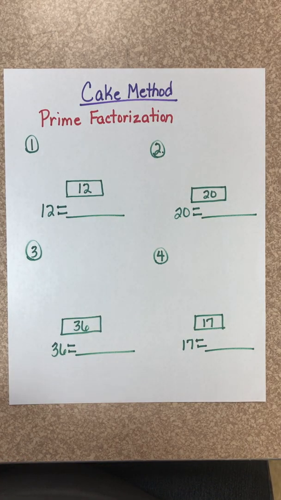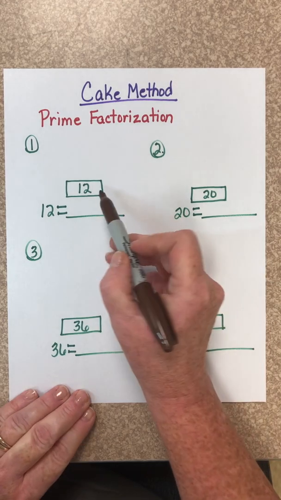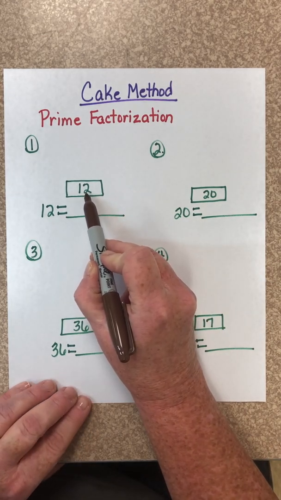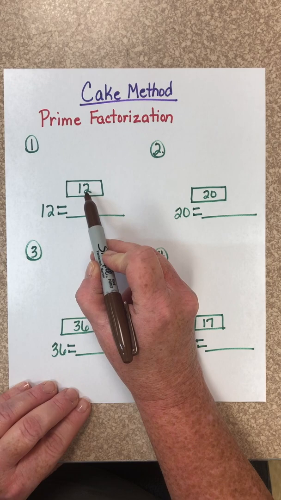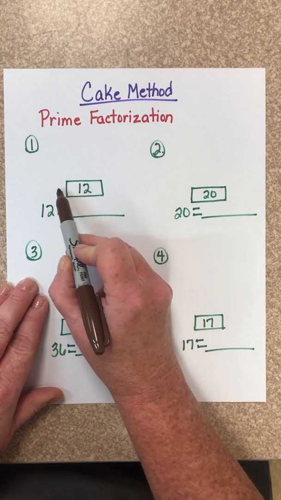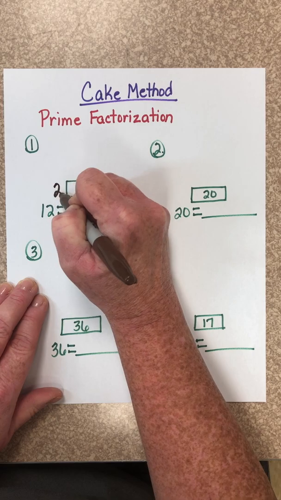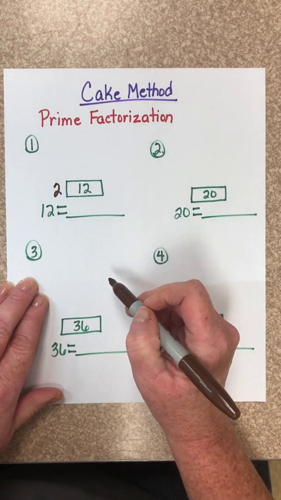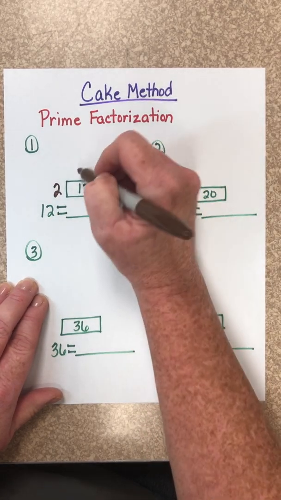Let's look at number 1, and I've already got my first layer of cake, and it's a 12. So now I'm going to think, what is the smallest prime number that goes in a 12? Well, that's a 2, so we put that out front. Now, 2 times what is 12? Well, that's 6.